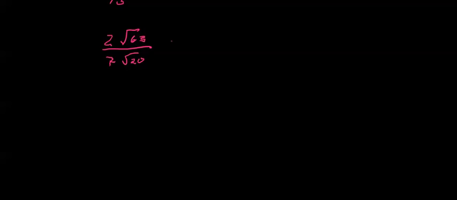Simplify. 63 is 9 times 7. So we're going to have 2 times the square root of 9 is 3 radical 7.